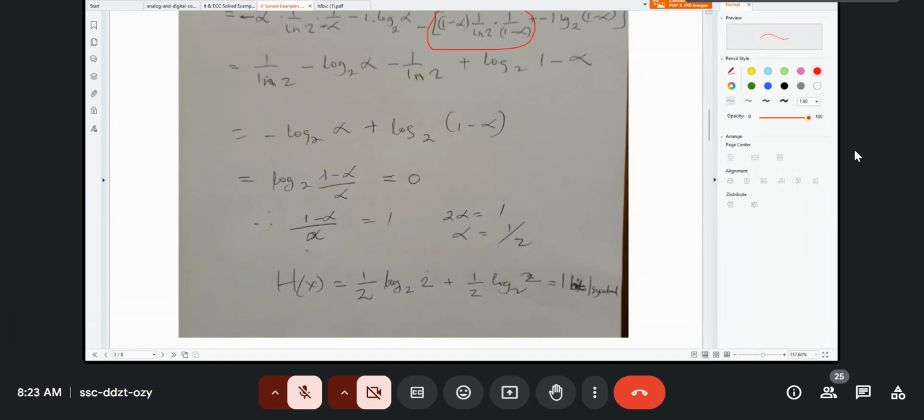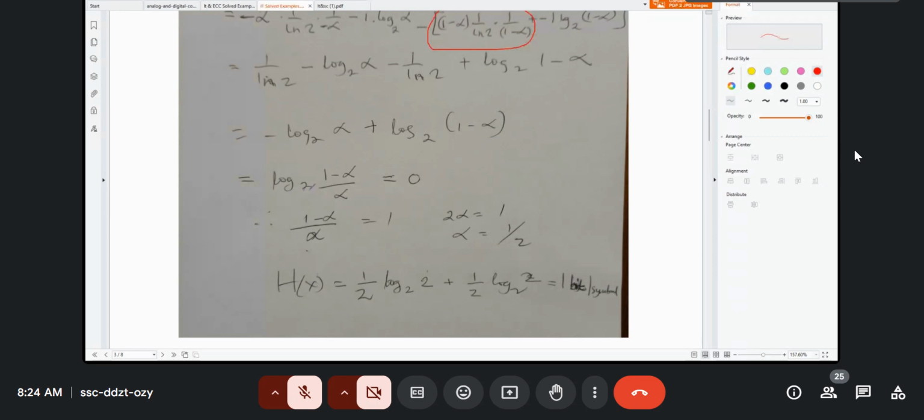If you are adding two logarithms, that is the logarithm of the division, 1 minus alpha divided by alpha.